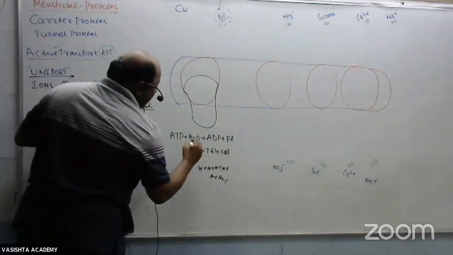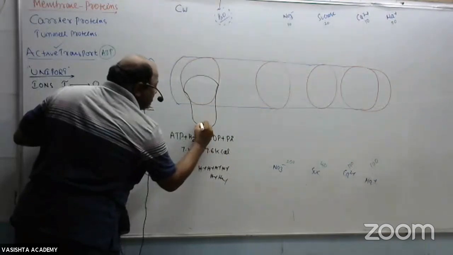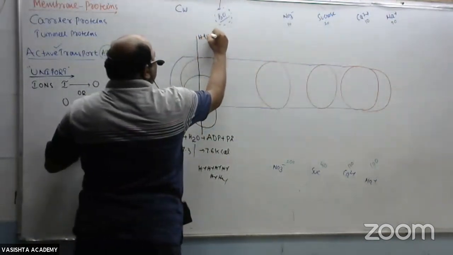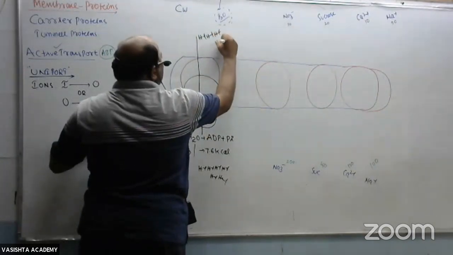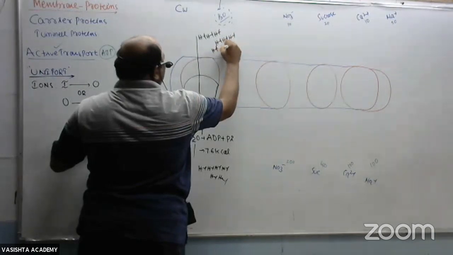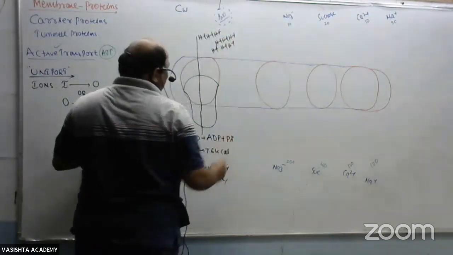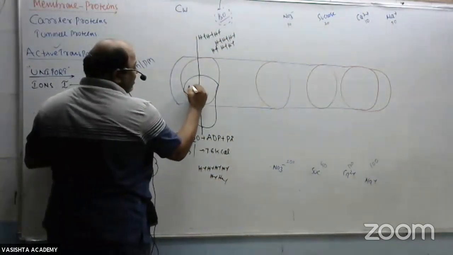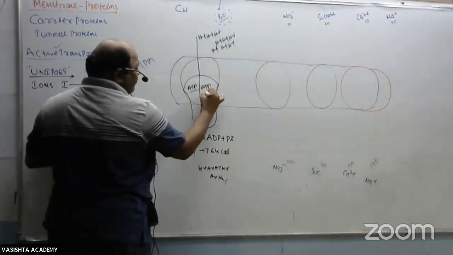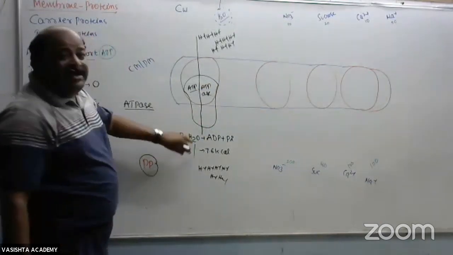So all these H plus ions move from the protoplasm to the gap between the cell wall and the cell membrane. It is driven by the ATP molecule in the presence of the ATPase enzyme.